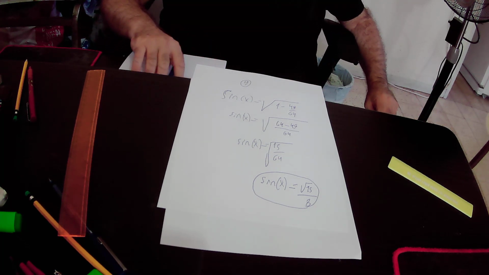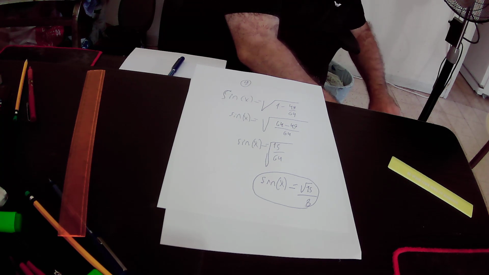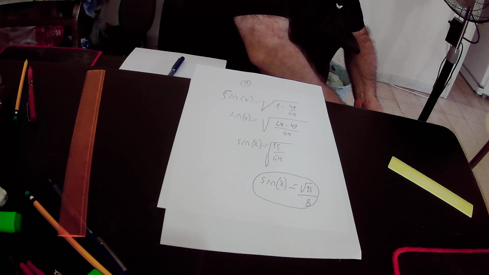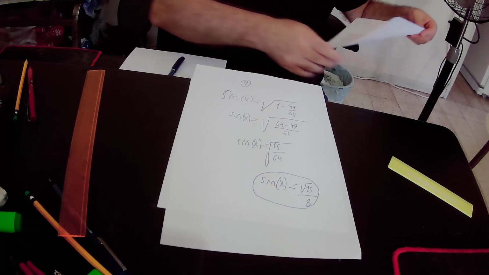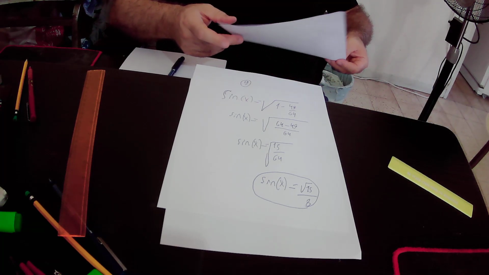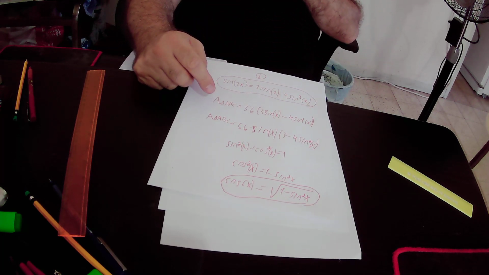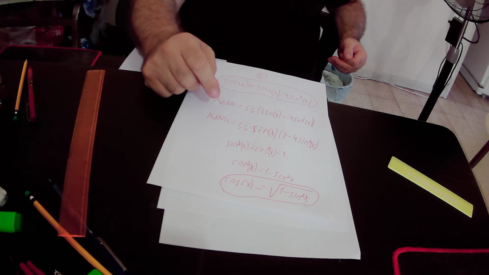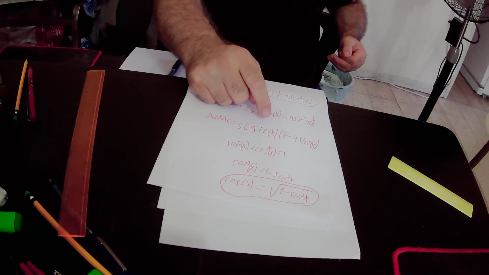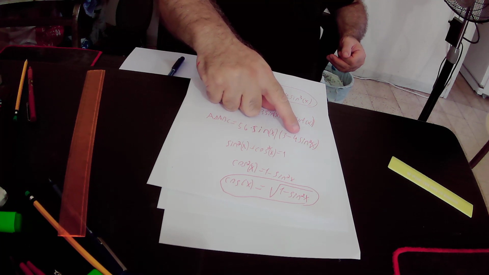and we actually found that the area of triangle ABC equals 56 times sine x times 3 minus 4 sine x squared.